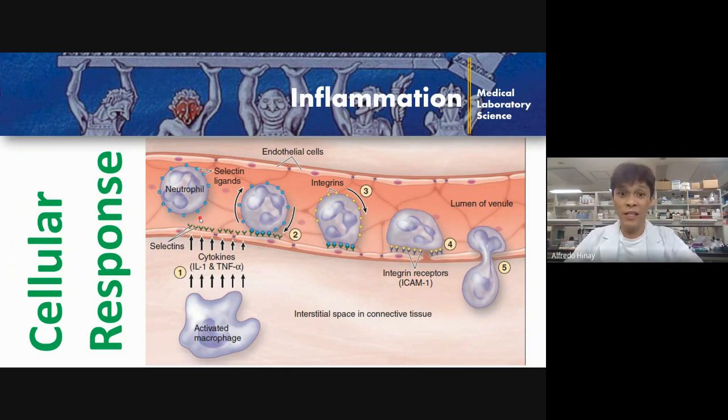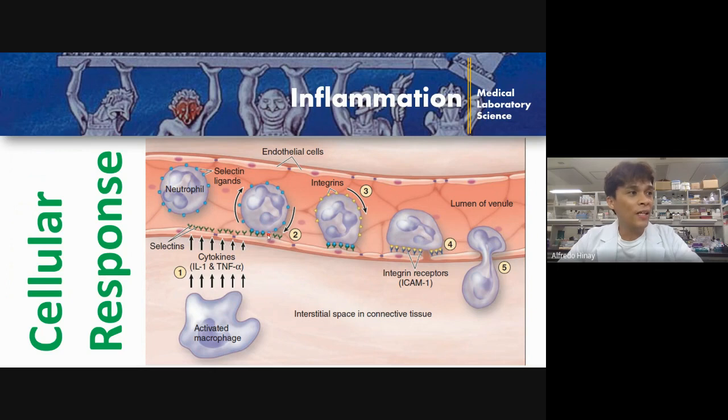And the neutrophil is great, class. Why? Because your neutrophil also contains selectin ligands. When we say ligands, class, that is a receptor. So your selectin ligands will bind to your selectins here. When they bind, we call this rolling.